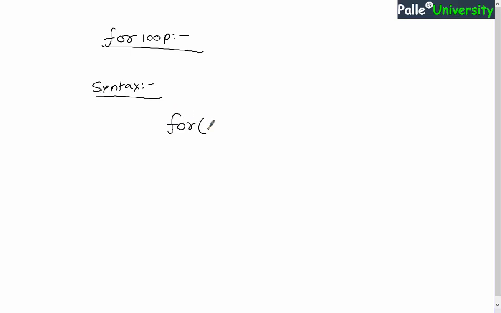Remember, if you want to declare a for loop in JavaScript, you will be writing for parenthesis, and maybe first I will write the generic statement only. So in the for loop parenthesis you will be writing an initialization statement, and after that a conditional statement.